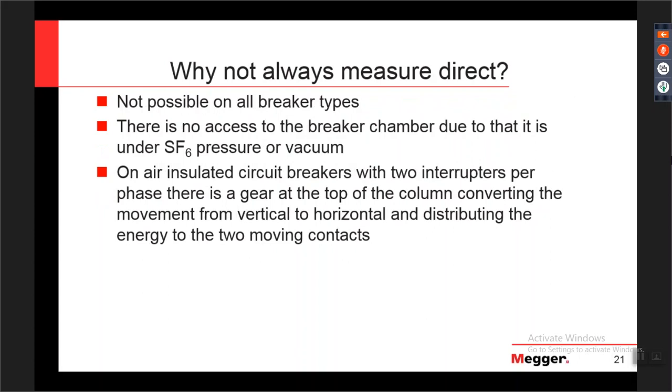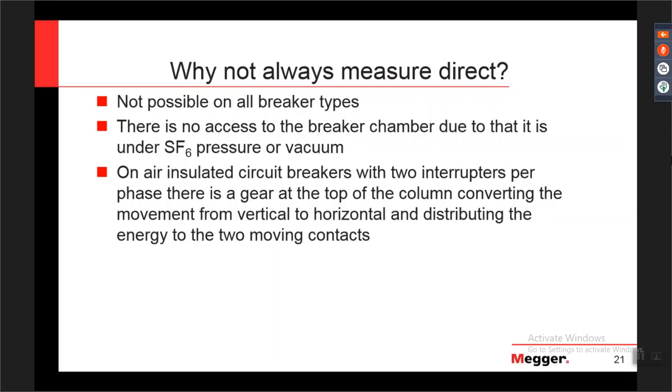So why don't you do this all the time then? Because it's not possible for all breaker types. It's almost the opposite: it's a small part of the installed base of breakers that you can make a direct connection to the main contact on.